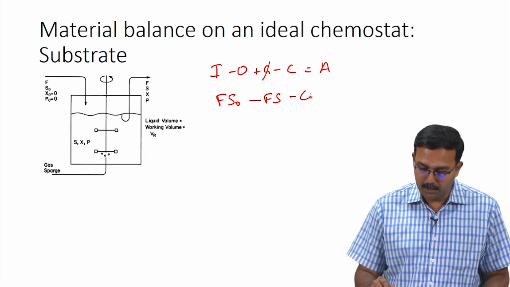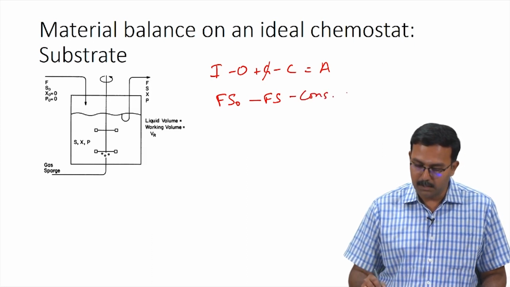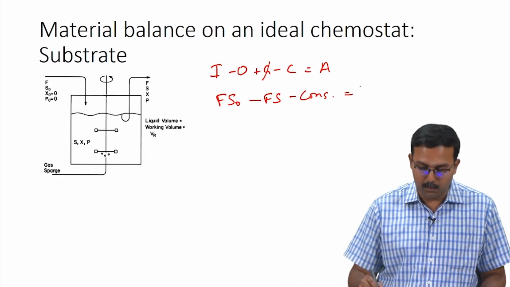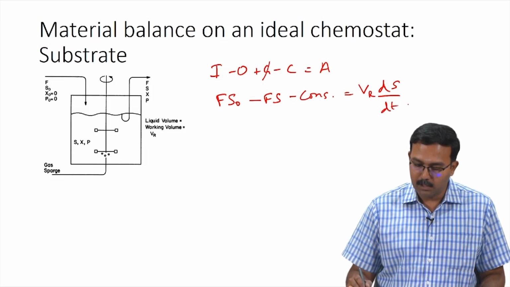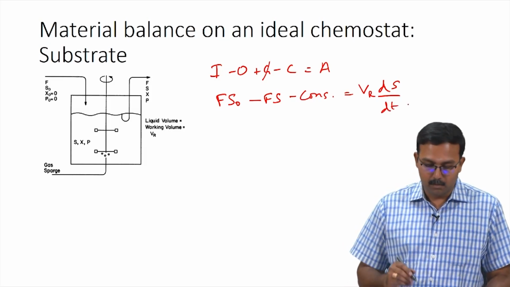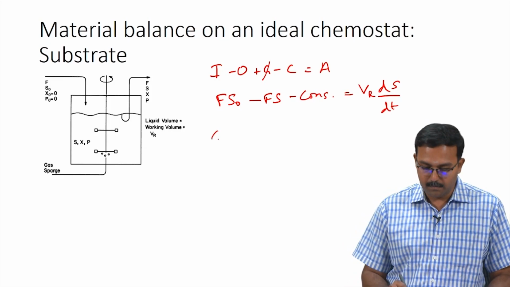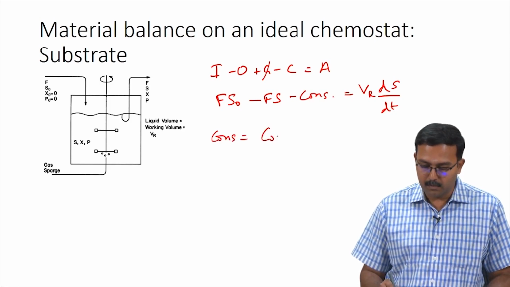So we have consumption, which we will get to, equals accumulation, which would be very similar to whatever we looked at with biomass. So it is VR dS/dt. Now for the consumption terms, there can actually be two different consumptions.